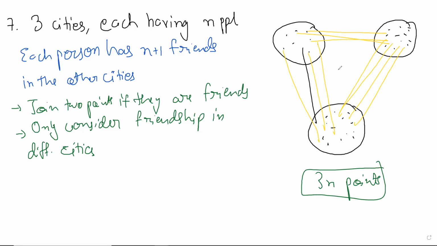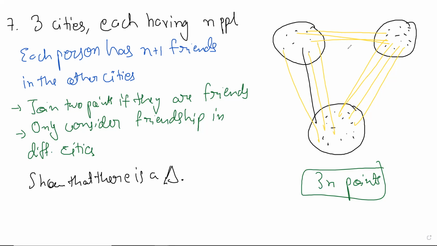And you just want to show that there is a triangle, that there is a cycle of length 3. Now, I don't know if this will work, but this is the observation I made.